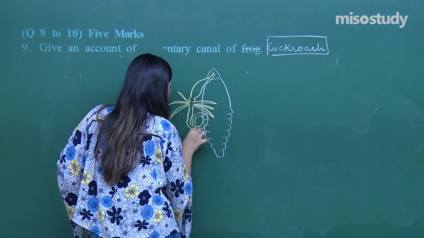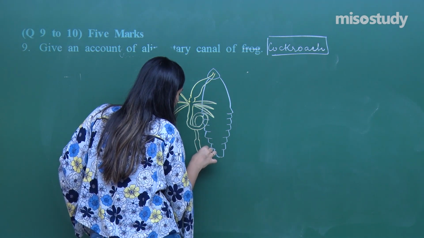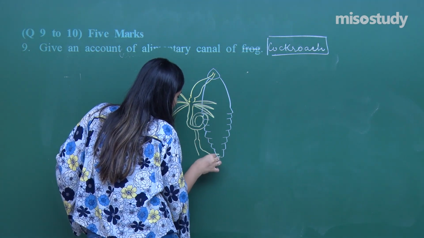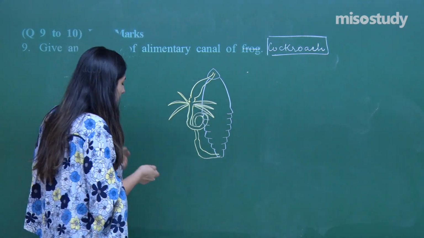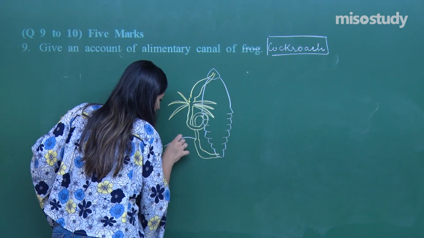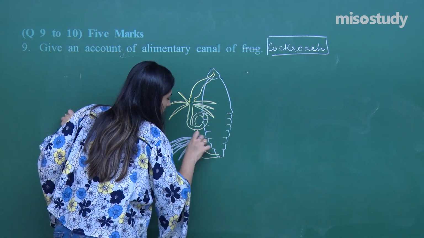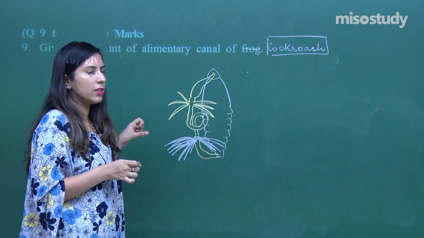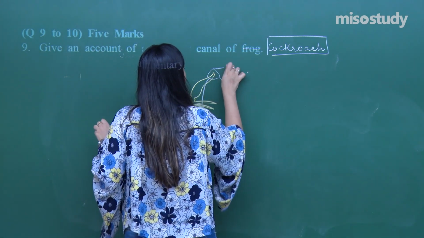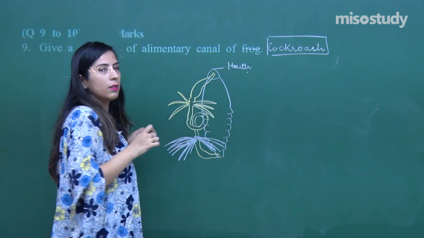Then again a structure arises, which is comparatively broader. This is an overall structure. In this part, you can see fine thread-like structures are present. So many thread-like structures are present. We have studied about this. Here, this is called the mouth, right?